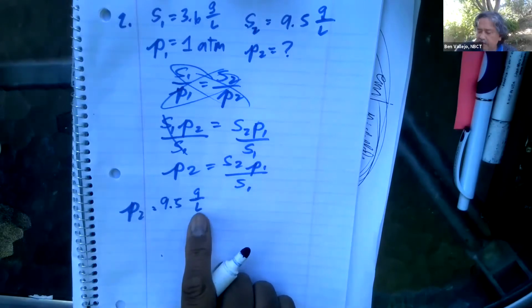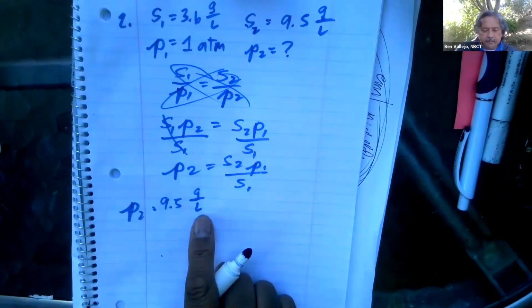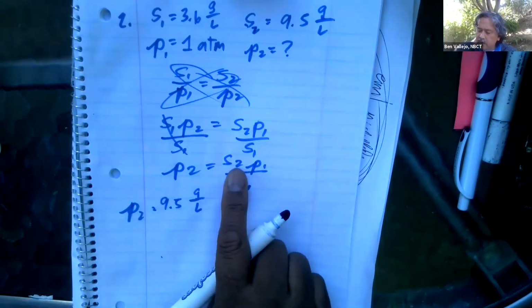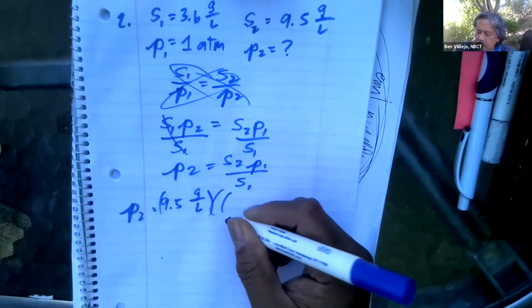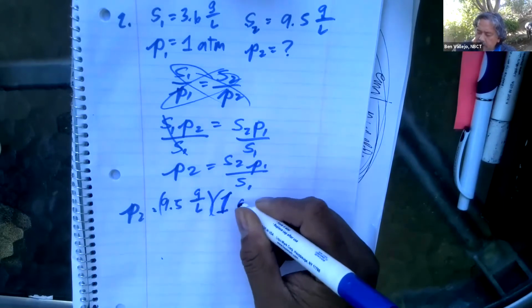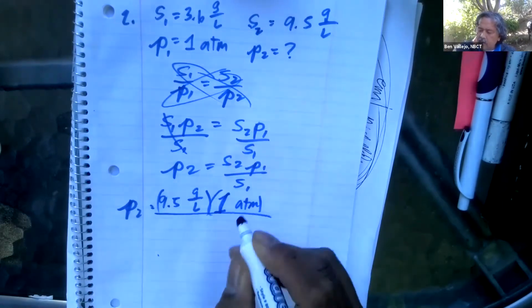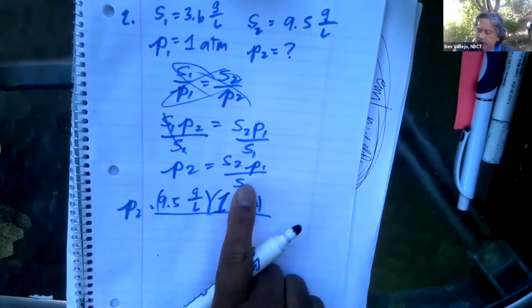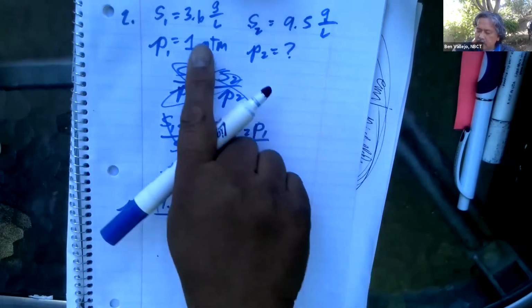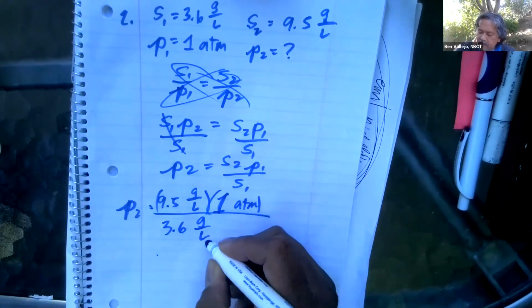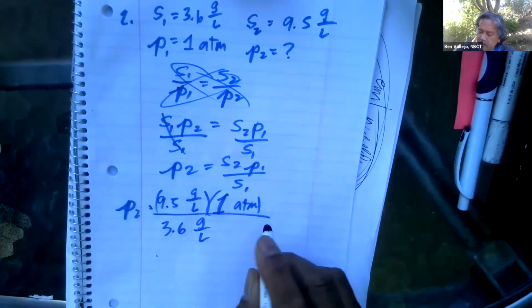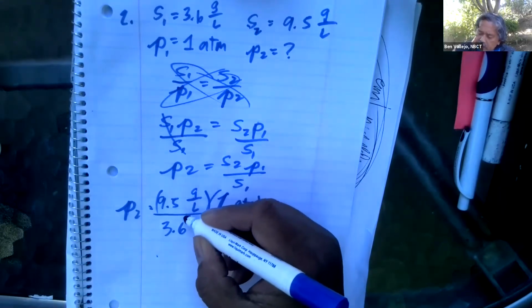You got 9.5 grams per liter for S2. P1 is 1 atmosphere. 1 atmosphere over S1. S1 is 3.6 grams per liter. And so you can see the grams per liter, this whole thing is a unit.